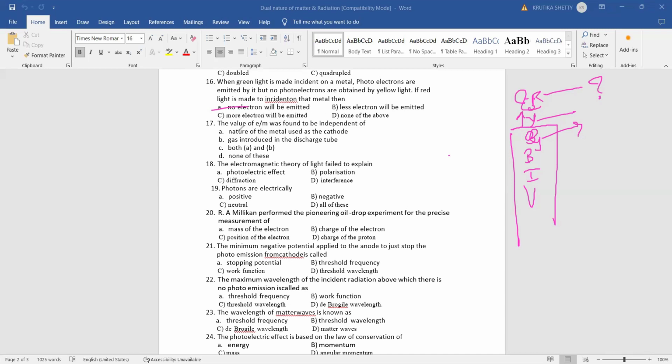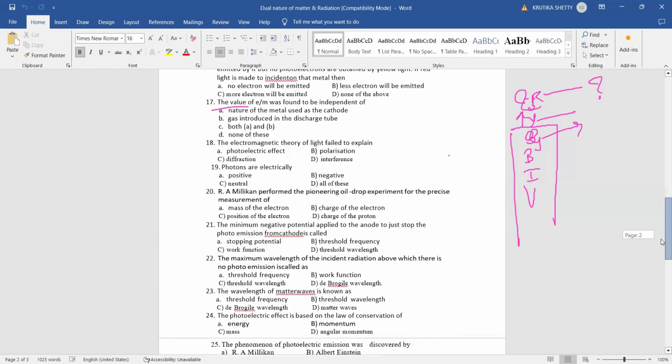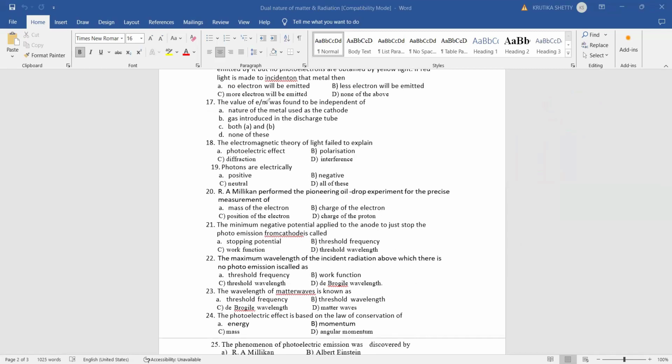Go for question number 17, students. The value of e by m was found to be independent of... that is, charge of the electron upon mass of the electron.